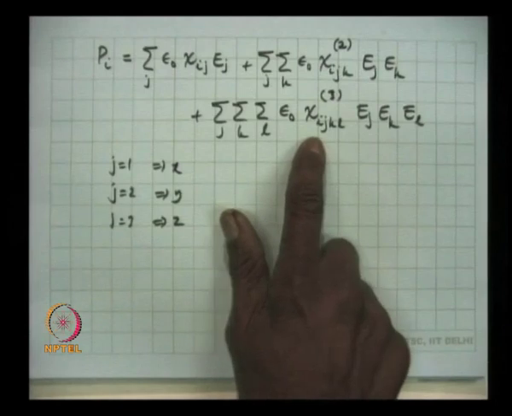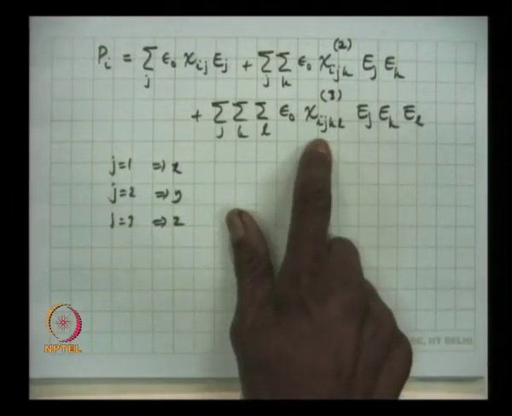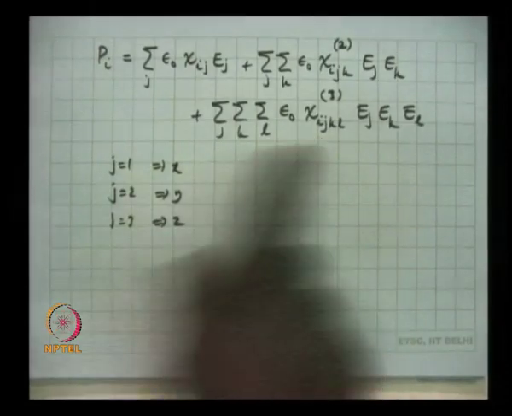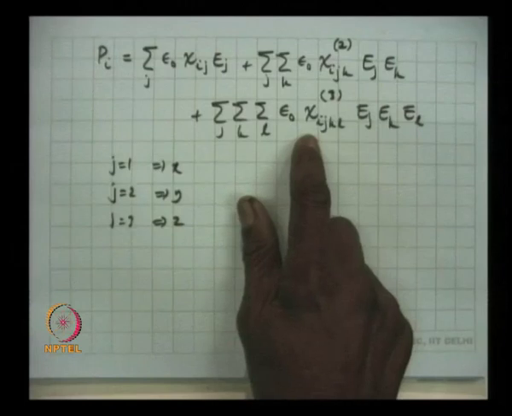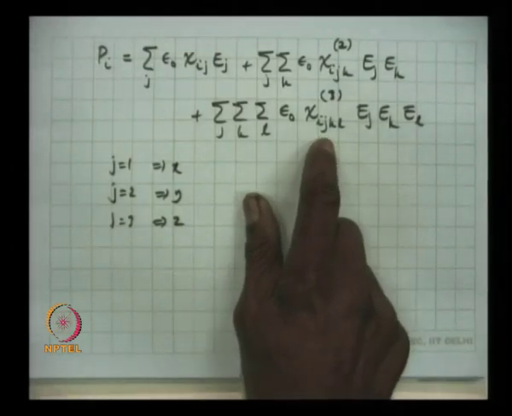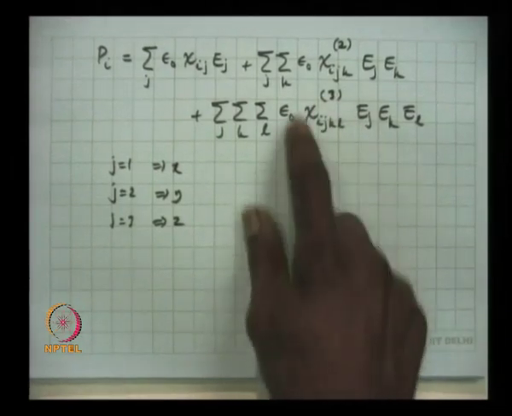There is no such restriction in the third order term. This is present in all media, whether it is a gas or a liquid or a solid. Glass will possess this, water will possess this, all materials will possess this.